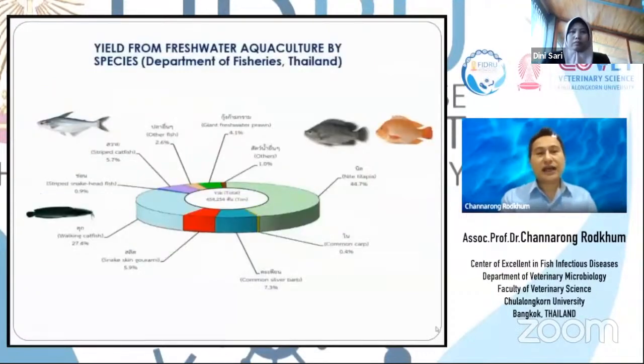For Thailand, this is the yield from freshwater aquaculture by species from the Department of Fisheries, Thailand. You can see that in Thailand, we have main species including Nile tilapia and red tilapia. Other species with high production in Thailand are walking catfish, around 27.4%, and striped catfish, around 5.7%.